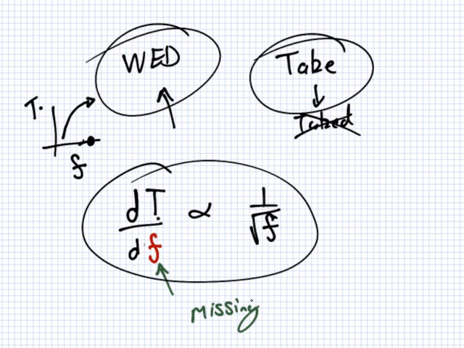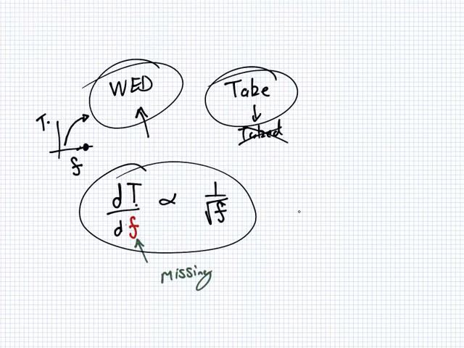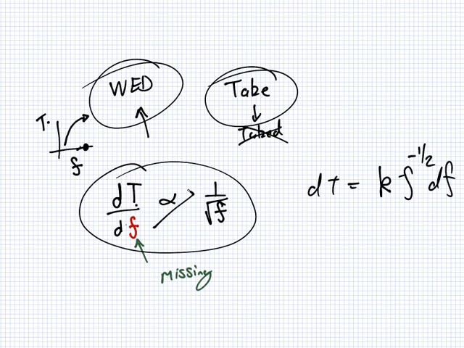Let's calculate the answer here. So dt equals k f to the minus a half df. Are we okay with that? I bring that up there, change it into that, integrate. Right, Andrew, what do I have on the left? T. Good.